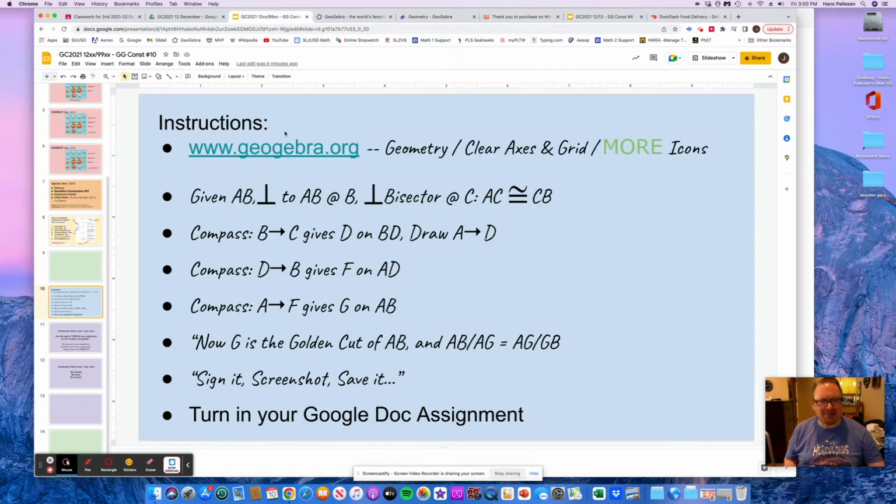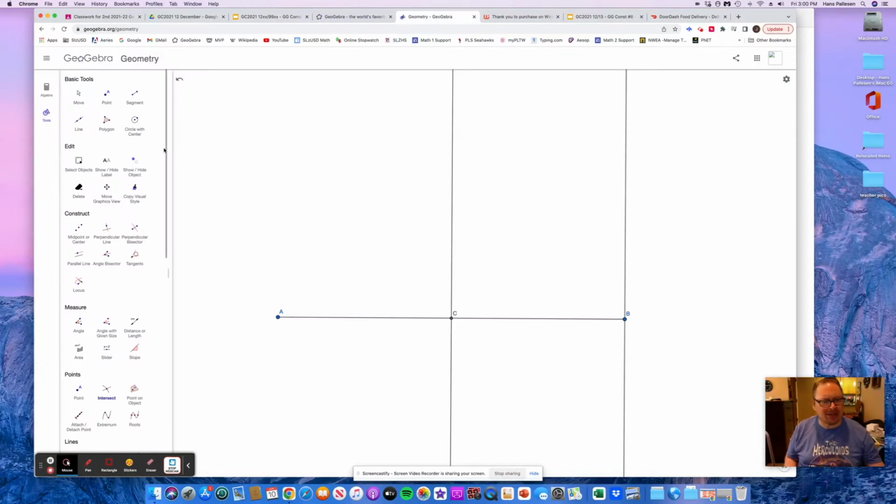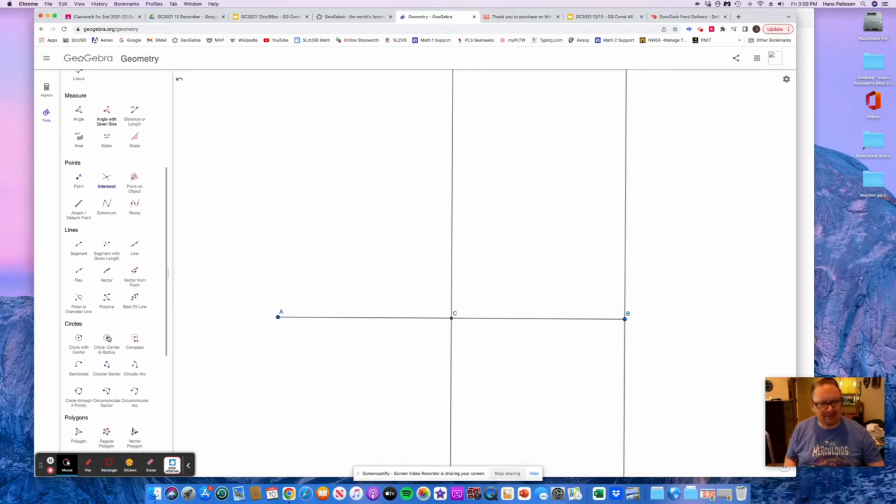Okay, and so our next step says put the compass on B, then measure out to C, and where it intersects BD, that point is D. Okay, so let's go back to our picture. Use our compass for this.